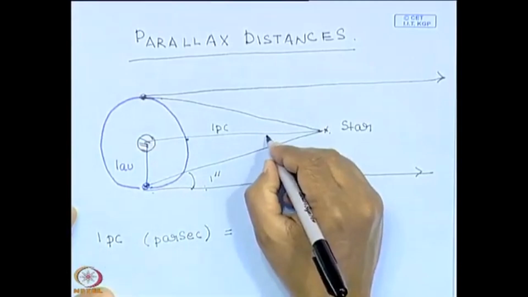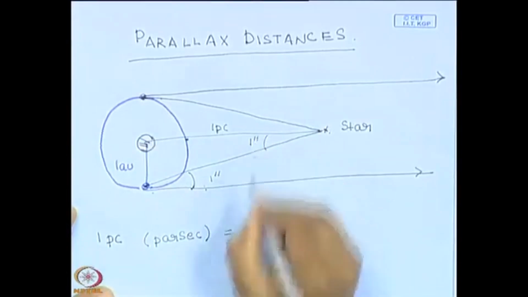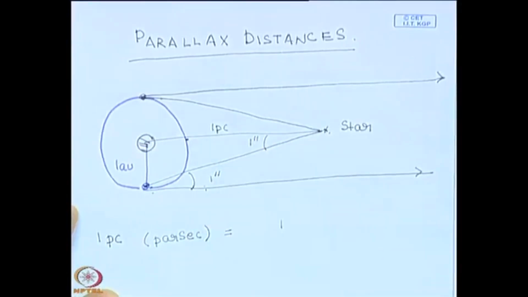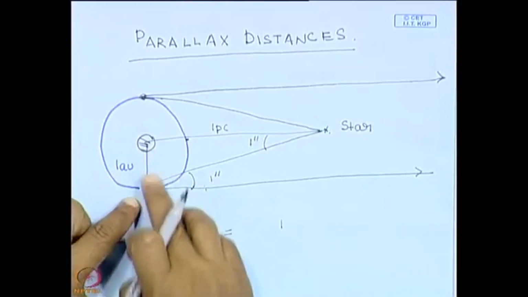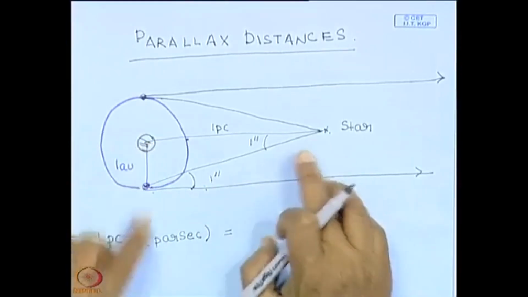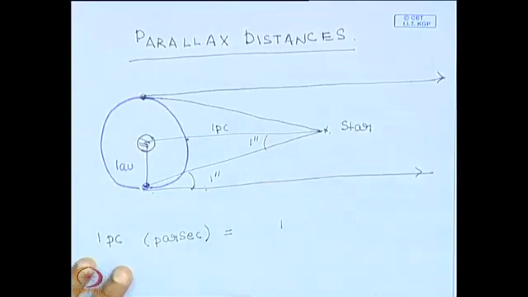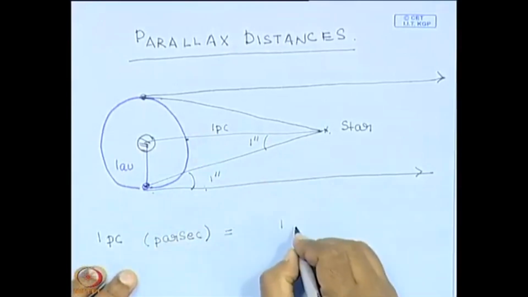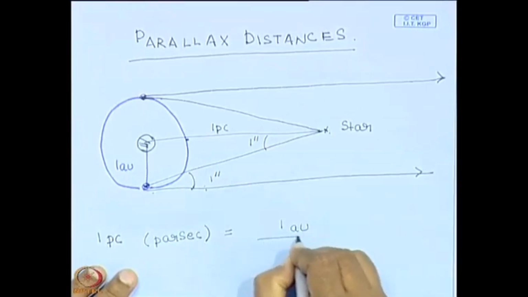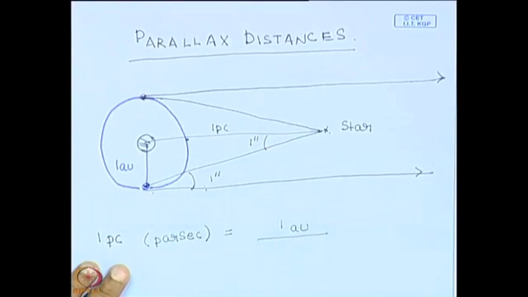This angle is the same as this angle. So, 1 parsec is 1 astronomical unit divided by 1 arc second, and you have to convert this into radians, and the result into meters.